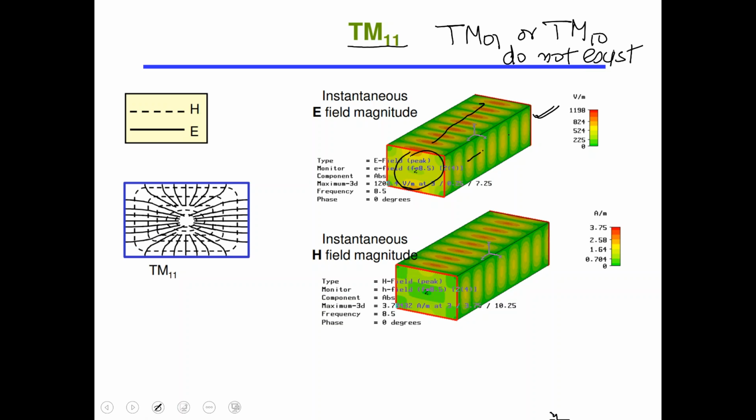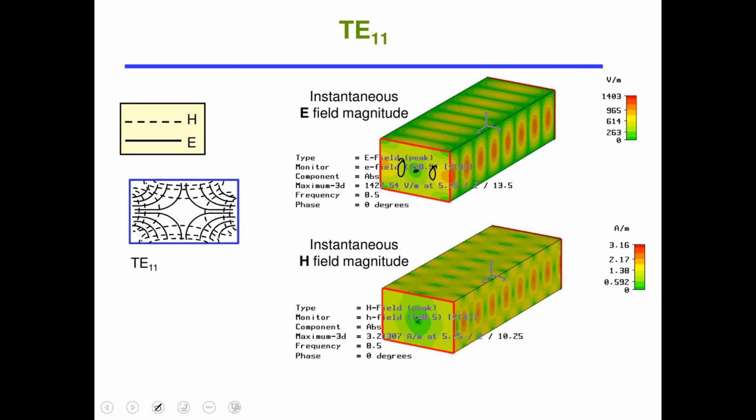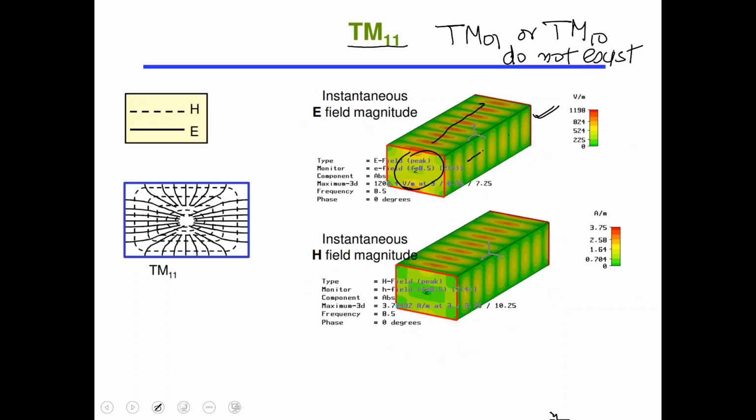But if you look at the distributions inside, it's very similar to the TE11 mode, except things have shifted by 90 degrees. However, if you notice the magnetic field distribution basically has zero in the center, so it basically is one trough, one zero kind of a field, whereas the magnetic field in a TM mode is a different distribution than the magnetic field in a TE distribution.